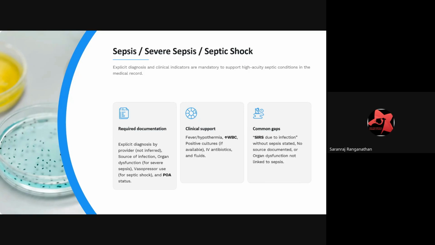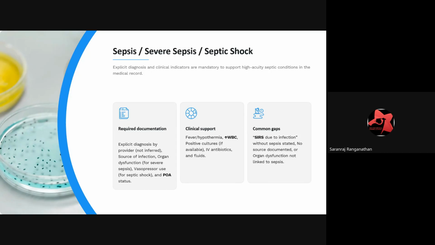Next, suppose the patient has fever or hypothermia, an elevated WBC, a positive culture, and antibiotics and fluids are provided. Here is the common gap. What is the gap? A systemic inflammatory response syndrome due to infection without sepsis stated, no source documented, or organ failure not linked to the sepsis. So here we are looking for a sepsis related condition, but whatever they provided only supports ordinary systemic inflammatory response syndrome.